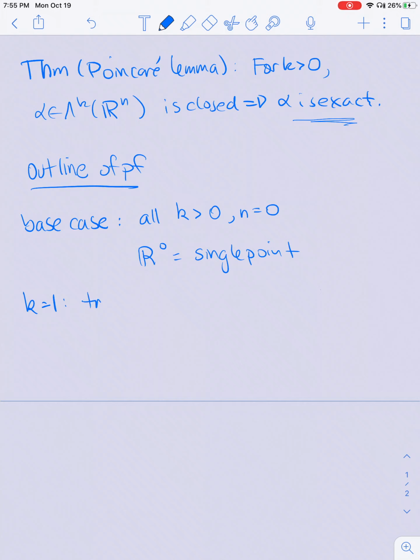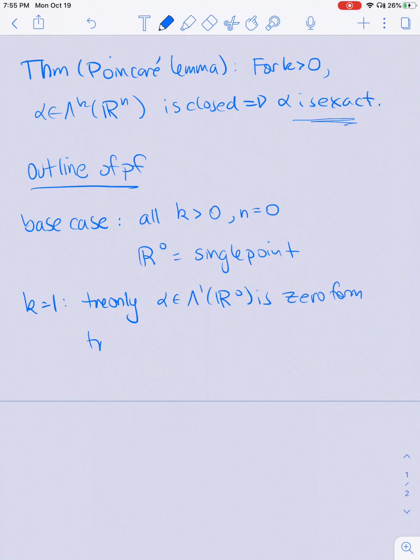So the only one form is the 0 form, because 1 is greater than 0, right? If you're looking at k forms where k is greater than n, then you have none except the 0 form.